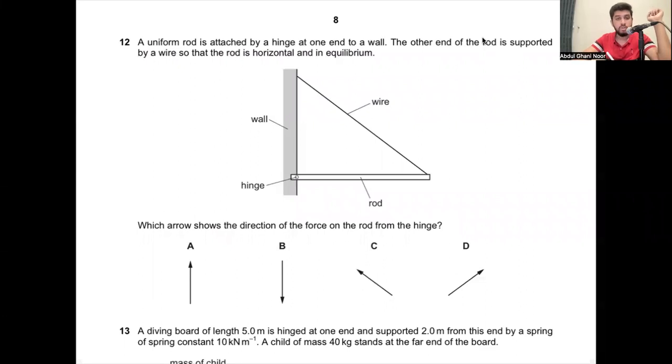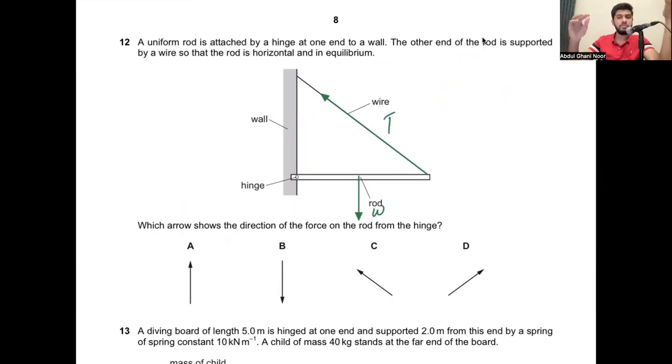So let's mark the forces. We've got our weight downwards and we've got our tension in this direction, upwards. Now, one thing that you need to understand is for cases like these, where you have three forces acting in this manner, if the system is in equilibrium, all three forces need to pass through the same point.